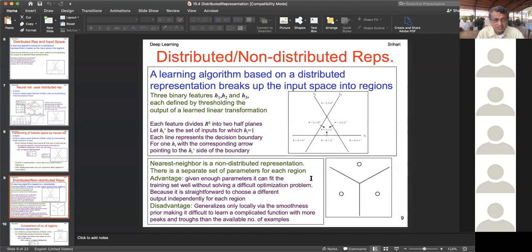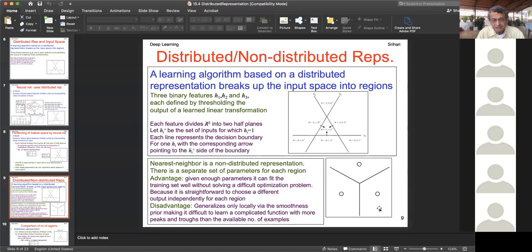Every concept holds its own region in space, until we move to another concept. Each node corresponds to a concept. Anything falling in this region is close to this one, anything falling in this region is close to this one. These boundaries are actually perpendicular bisectors of the lines joining these centers. We refer to this as a nearest neighbor classifier, which is a non-distributed or symbolic representation.